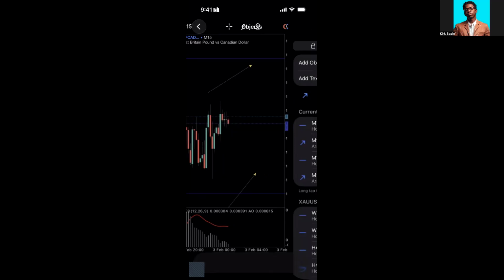And what we're looking for is an arrow. So if you don't see arrow in your list, you're going to tap add object, and we're going to tap on arrowed line.